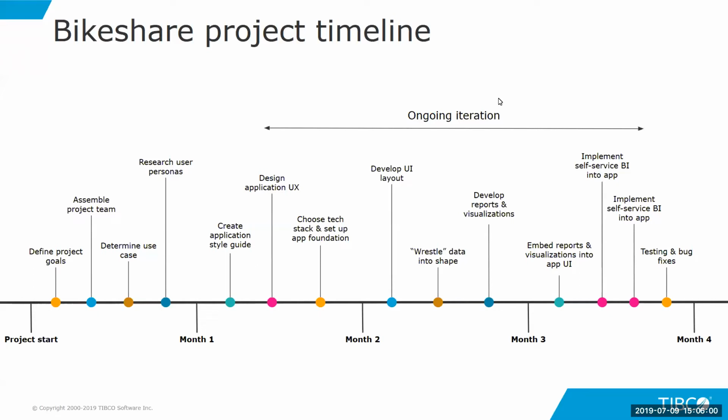Then we set up the basic technical infrastructure, and got some data going, and then went through time to iterate on the data, iterate on the UI, to flesh out all the details, and include things like self-service at various points.